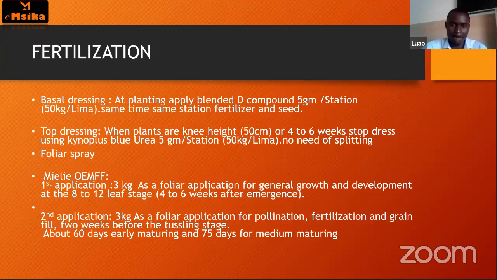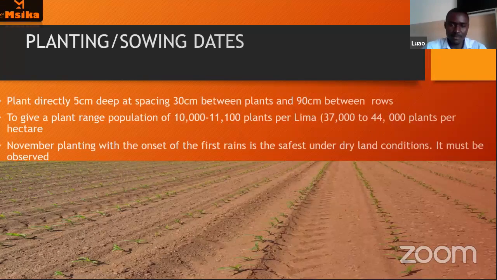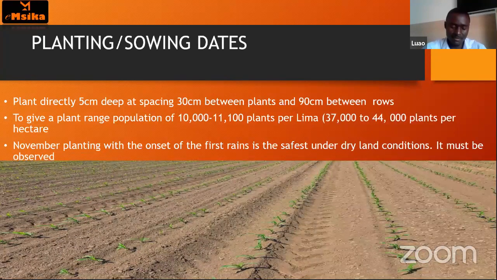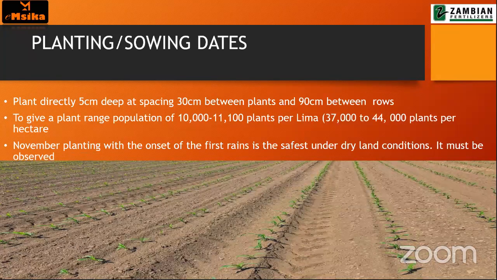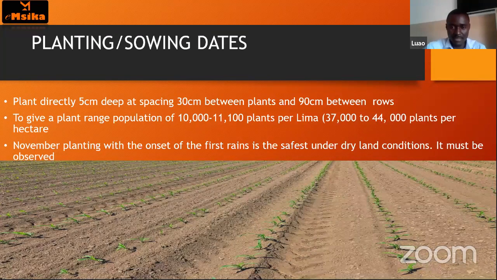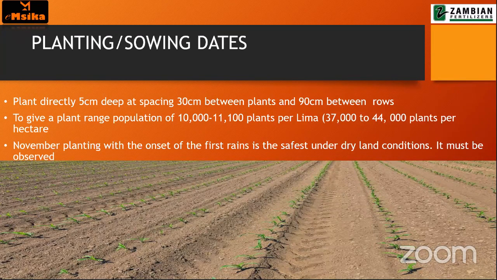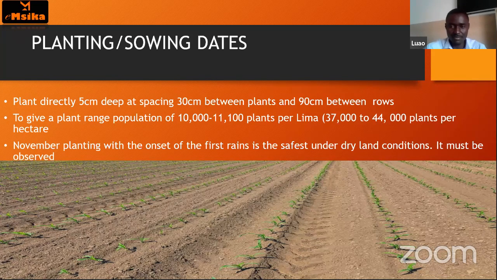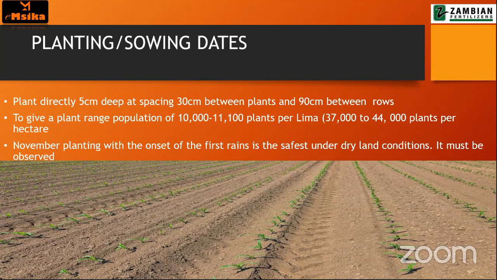So this is the plant population, put it at 10,000 per lima. For a hectare? Yes, per lima, sorry. Per lima, yes. So we want to find per hectare now? No, now we want to find the number of bags a farmer needs. Number of plants a farmer needs in a hectare?